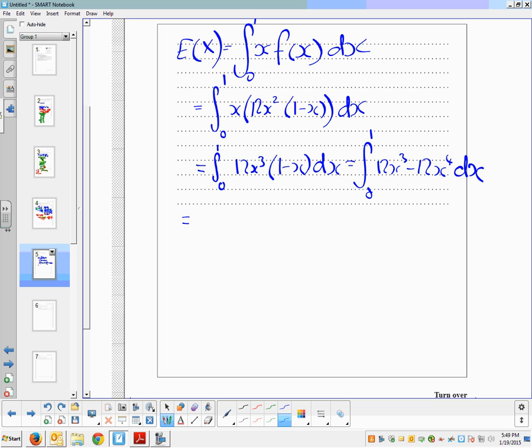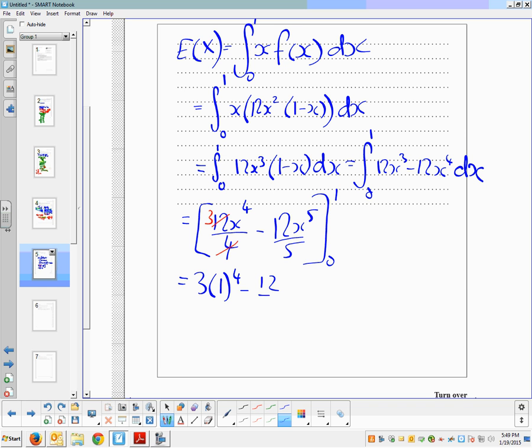And if you integrate 12x cubed, the power goes up 1, over 4, minus 12x to the 5 over 5, evaluated from 0 to 1. Obviously, you can cancel that down to be 3 times 1 to the 4 minus 12 fifths of 1 to the 5, and the 0 bits aren't going to matter anyway, are they?